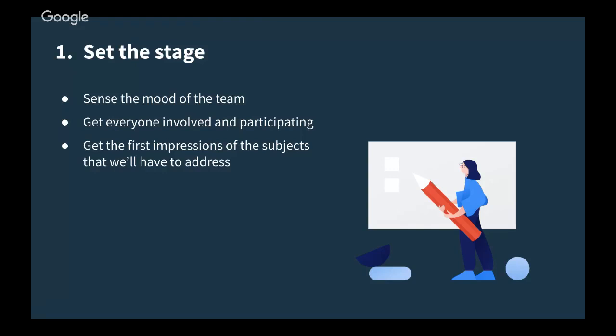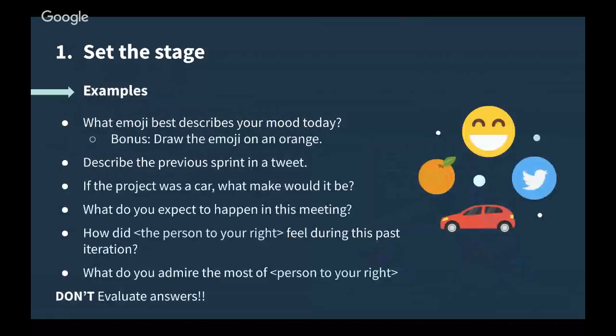Most of them are questions that people should answer, and I have some examples of those. Depending on your team, the retro, the environment, how the project is going, you could decide what to do. For example, there is one: what emoji best describes your mood?